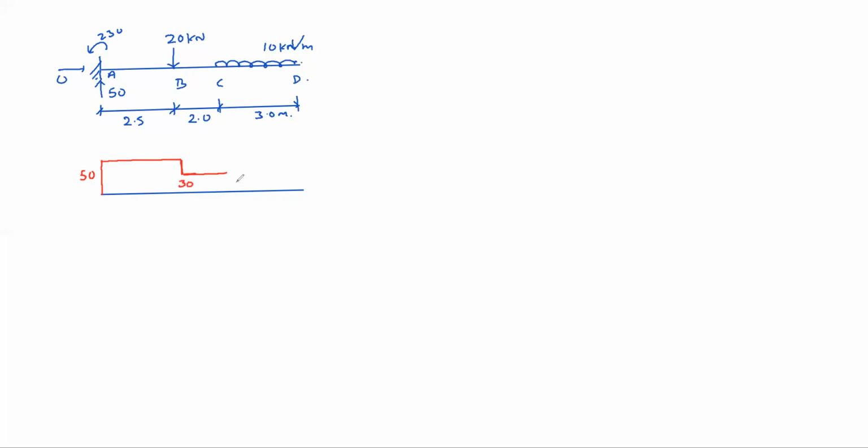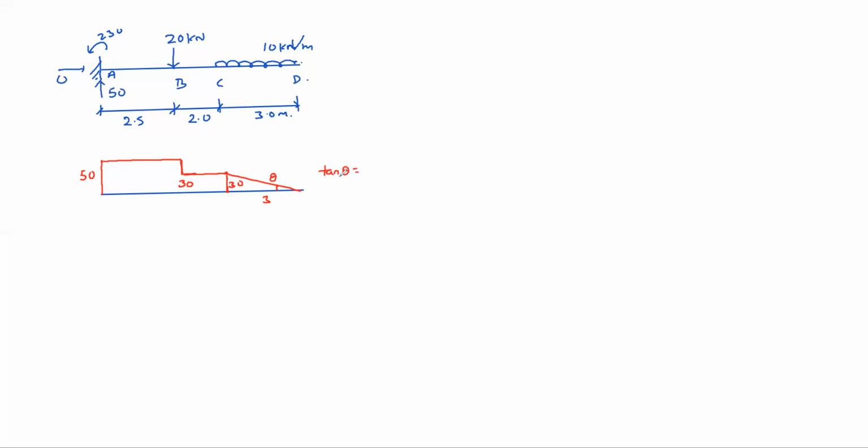So here 30, okay. Then from there onwards, the load is dropping gradually. Every meter, 10 is dropping. That means in 3 meters, 30 drops. You can observe here: this is 30, this is 3. Suppose theta is here. What is tan theta?